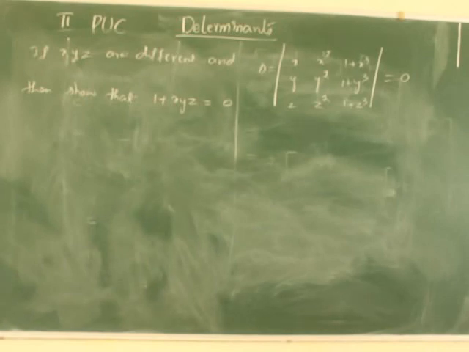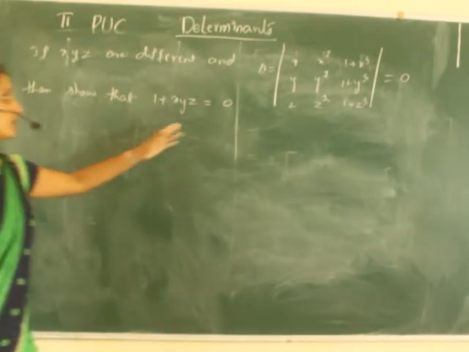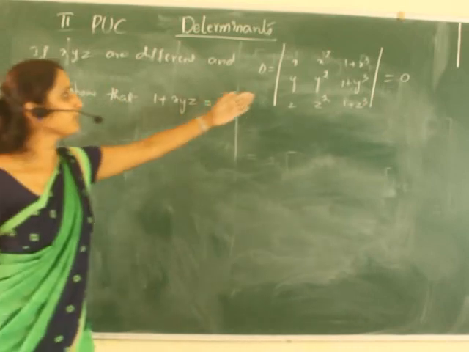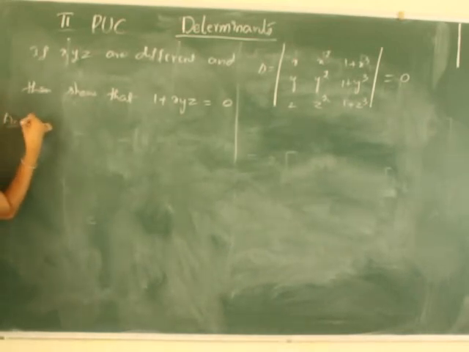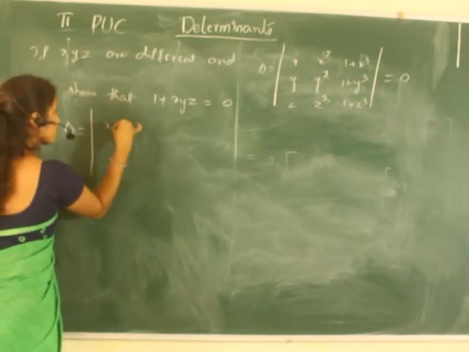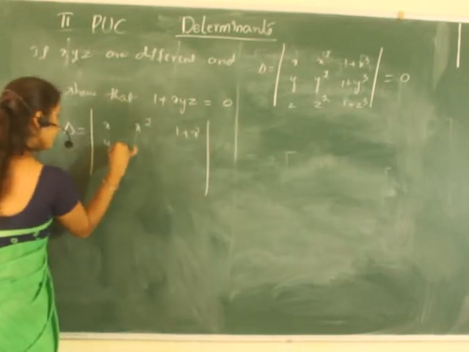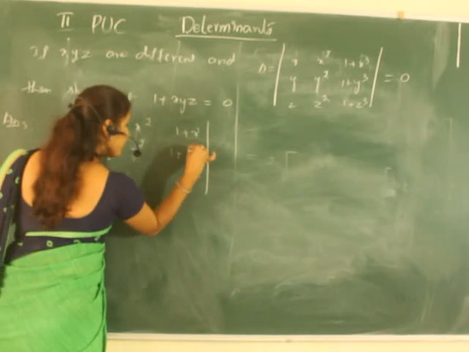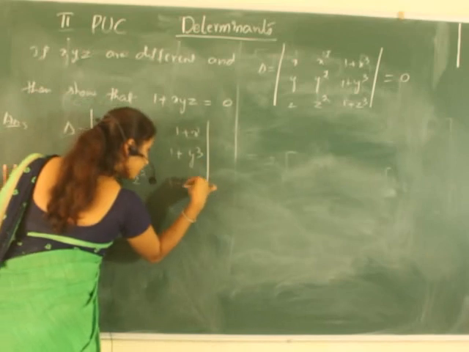So this is one more problem where the determinant value itself is given as 0. You have to show that 1 plus xyz equals 0. So I'll consider the determinant delta, which is x square, 1 plus x cube; y square, 1 plus y cube; z square, 1 plus z cube.